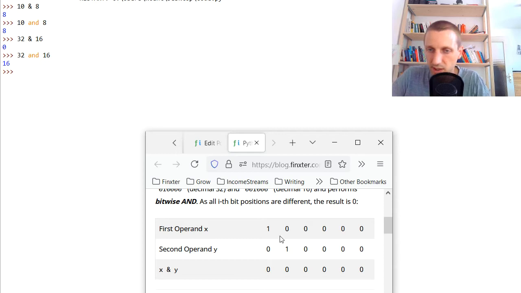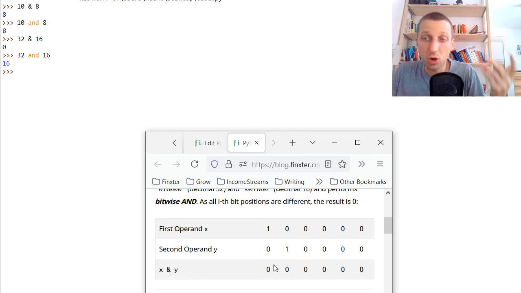Okay, and you can see here, for example, we perform logical AND on these 2 instances, and here we have 1 and 0, and basically the logical AND is 0, right? Because it would only be 1 if both operands are 1.